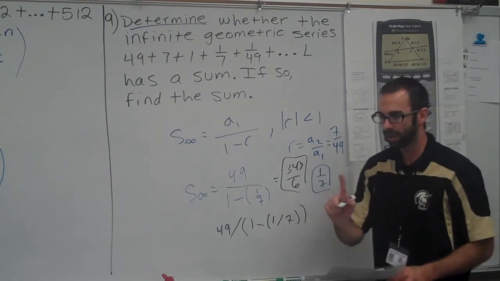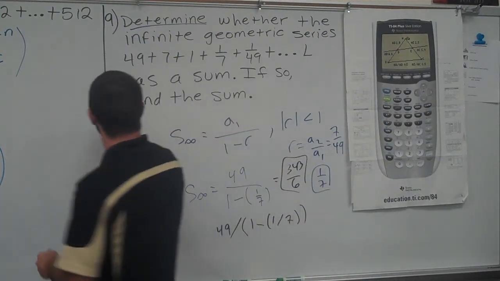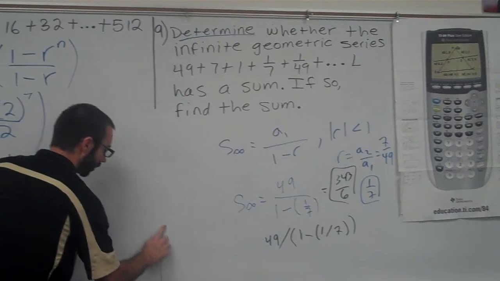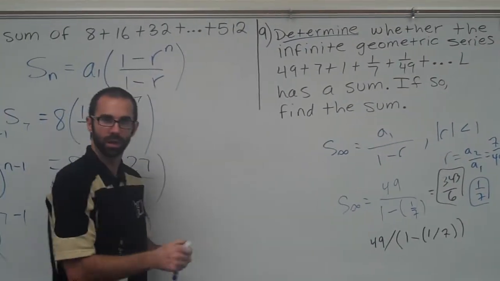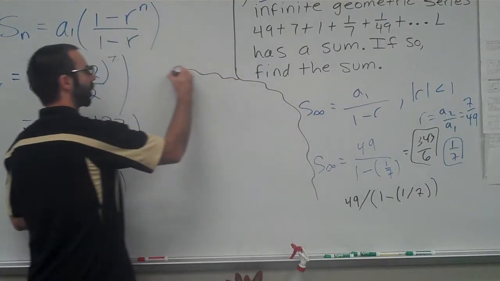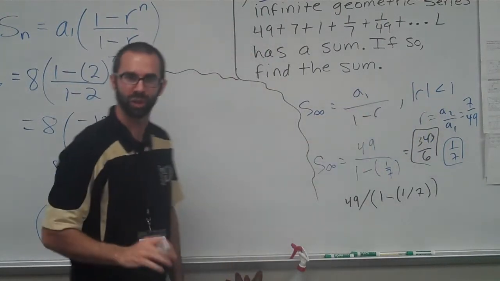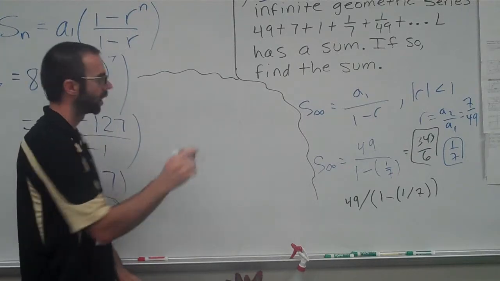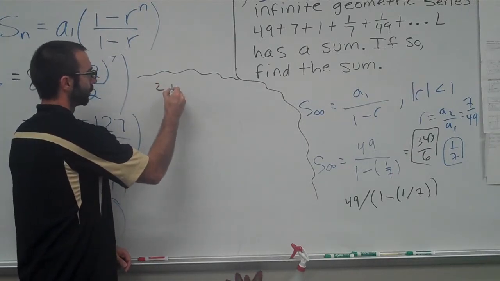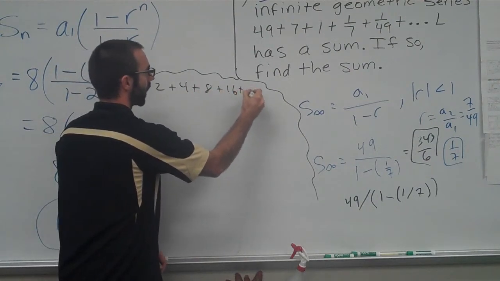Let me talk real quick about what if our r was not less than 1. I think it's appropriate because the obvious question is, why does r have to be less than 1? So let me give you a simple geometric sequence. Say I had 2, 4, 8, 16, dot, dot, dot.